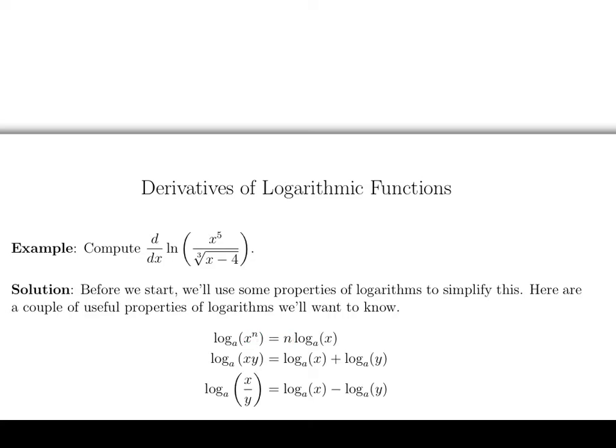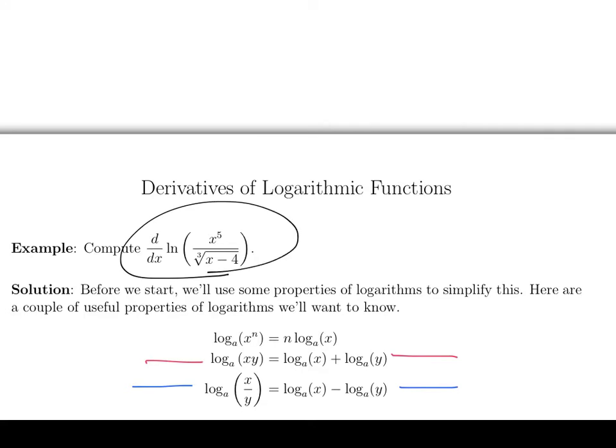If you have the log of a product, then it turns into a sum of logs. And if you have a log of a quotient, it turns into a difference of logs. So these are all properties of logarithms that you certainly have seen before. We're going to use them now to simplify our function before we take a derivative.